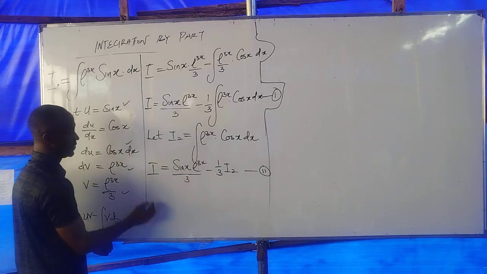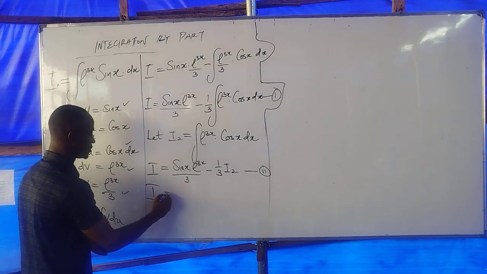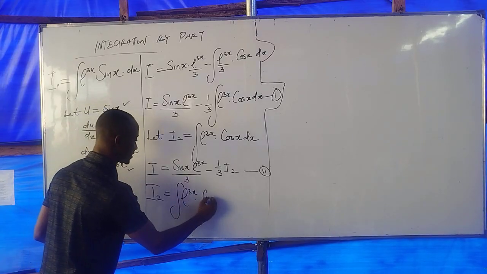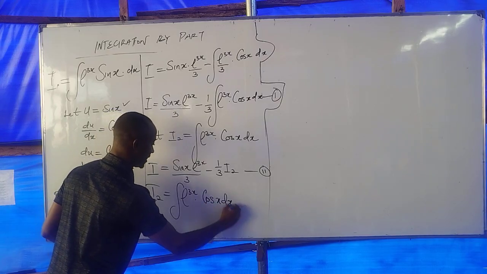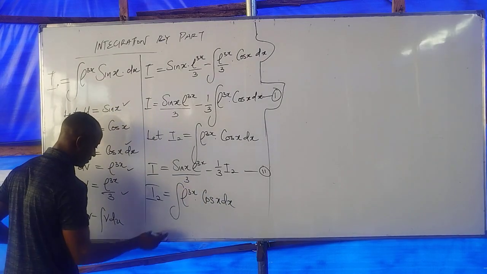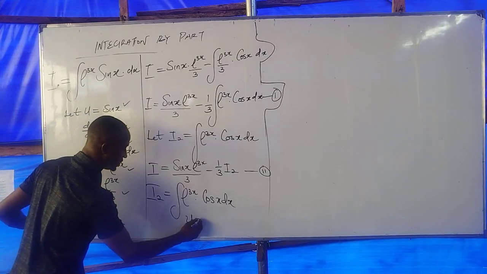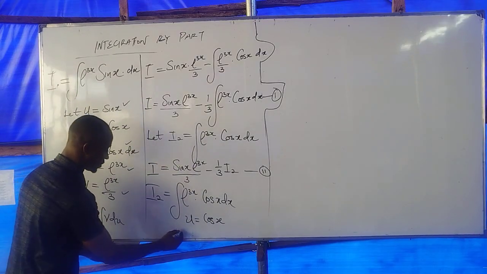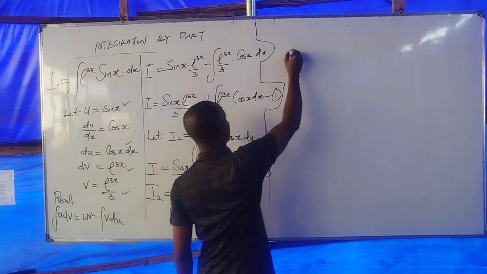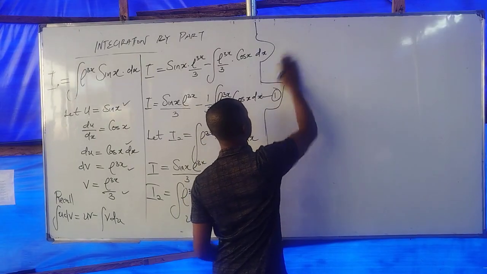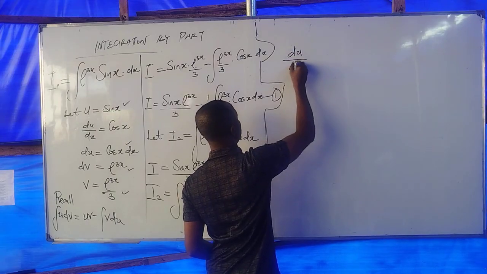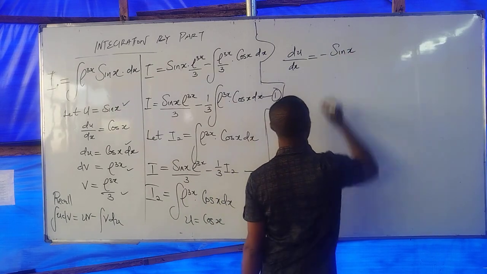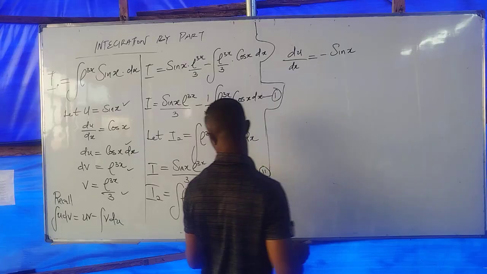Let's solve this. From our I2, what's our I2? Integral of exponential 3x dot cos x dx. From here, what is going to be our u? Our u is cos x. If u is cos x, what's our du/dx? It will give us minus sine x.